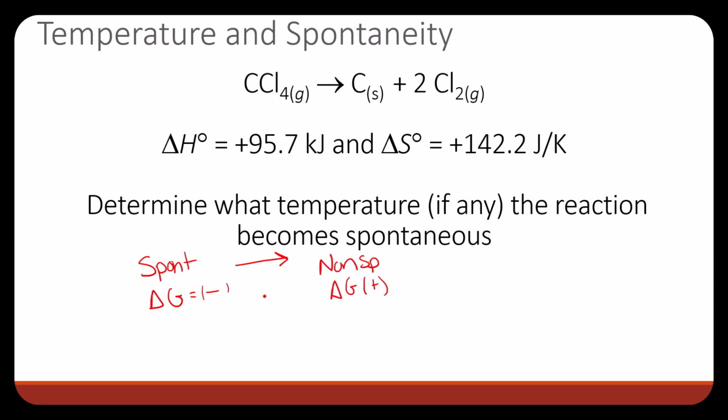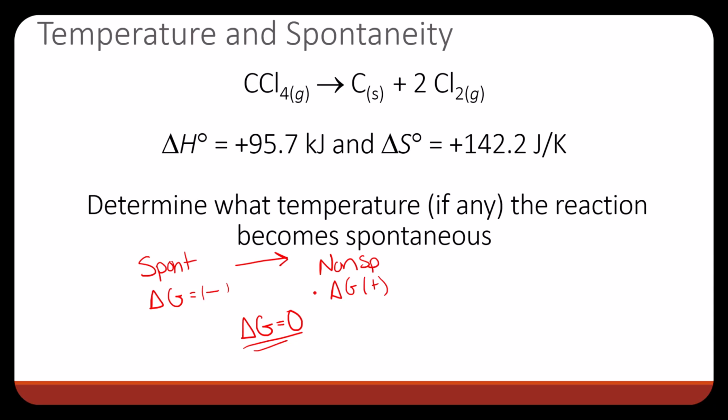Well, that moment would be when delta G equals 0. So what we're going to do to solve these problems is exactly this: we are going to set delta G equal to 0. Then we will be able to make the statement that above this temperature, this happens. Below this temperature, this happens.